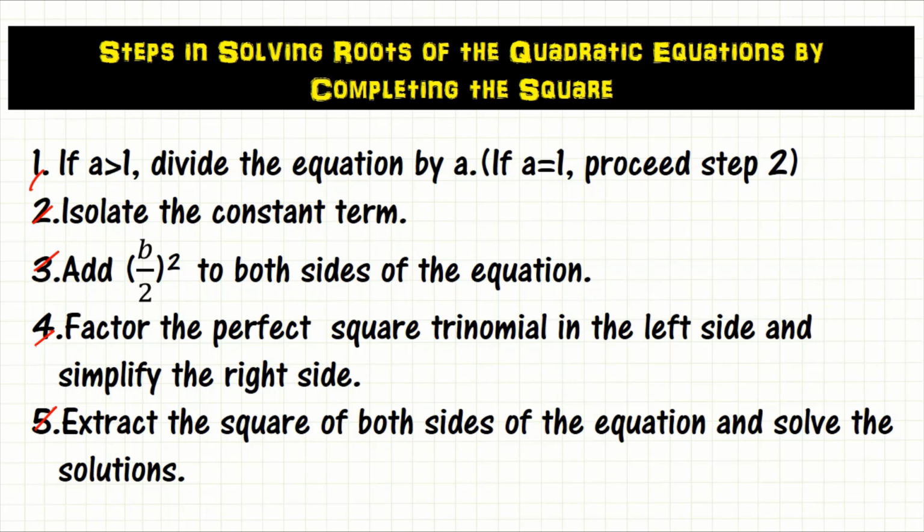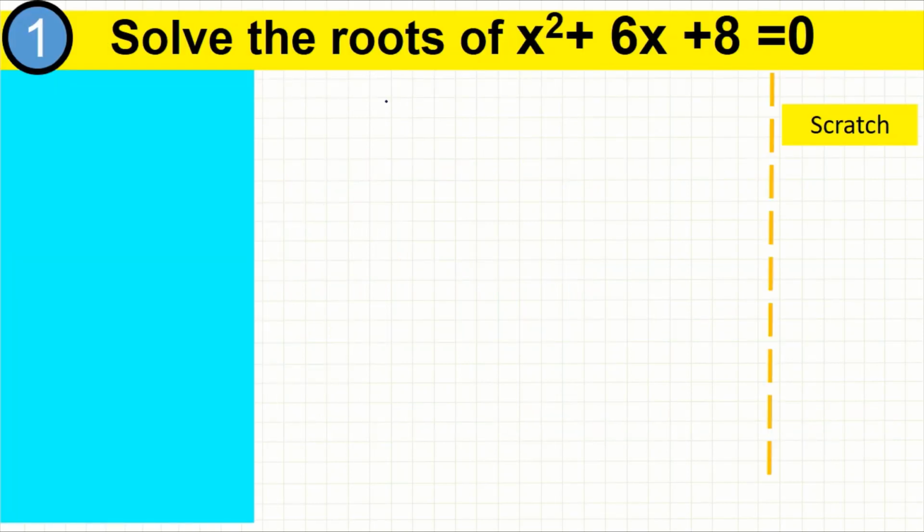To understand more about this, let us have our first example. Example number 1. Solve the roots of x squared plus 6x plus 8 is equal to 0. In our given, A is equal to 1, B is equal to 6, and C is equal to positive 8.